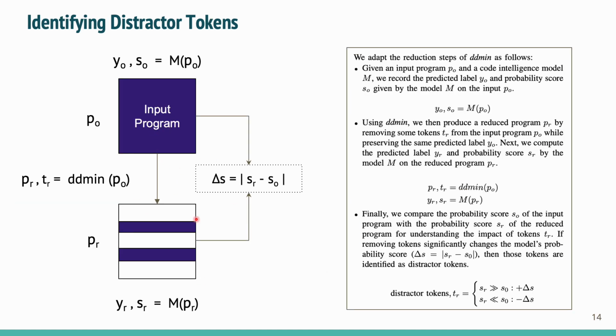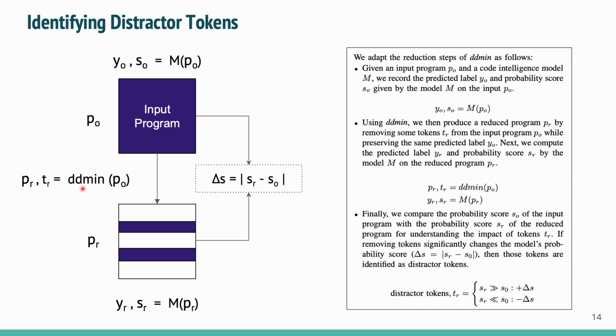Here is a more detailed step and explanation for identifying the distractor tokens. Given an input program and a model, we record the predicted label and the probability score given by the model on the input program.